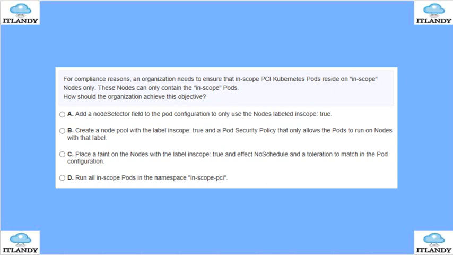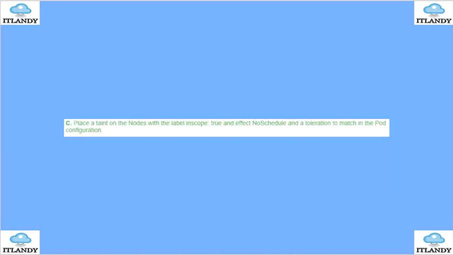I think this is the correct answer. Or run all the in-scope pods in the namespace in-scope-PCI. So the answer is placing a taint on the node with the label in-scope equal to true and effect NoSchedule.